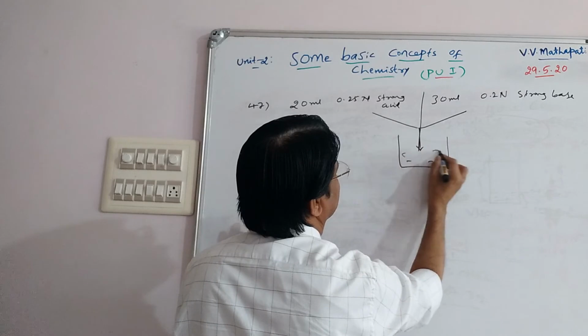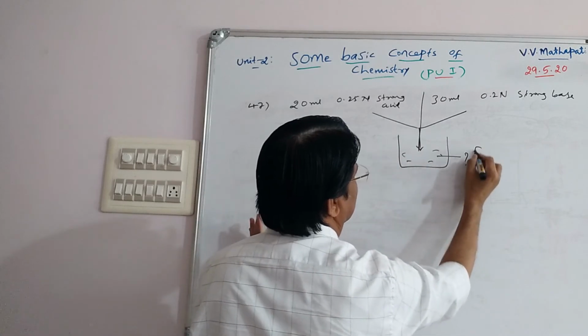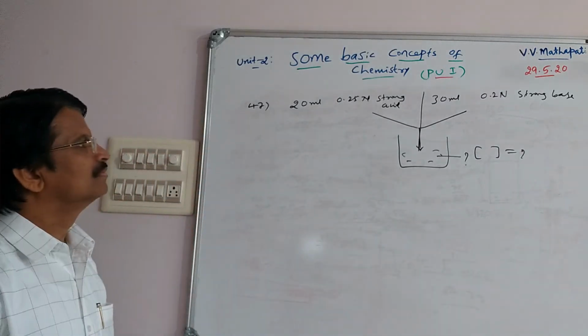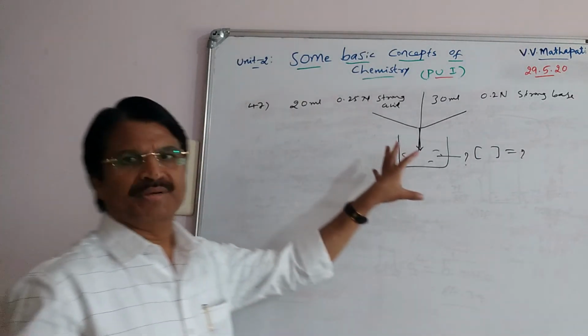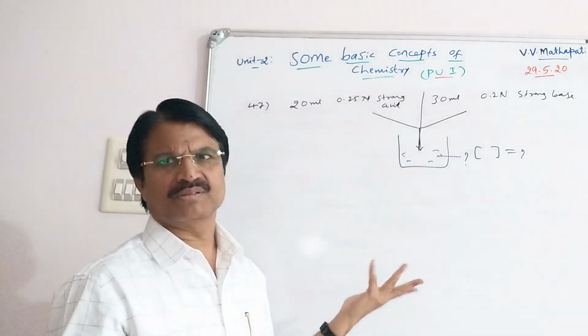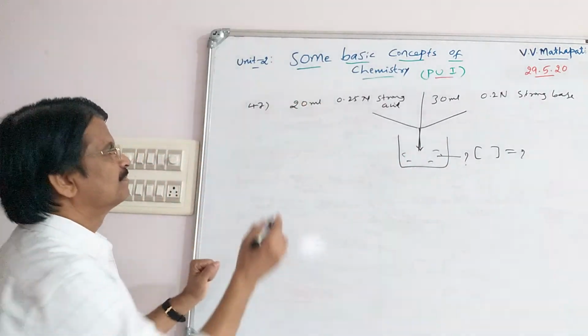These two are mixed in a beaker. What about the concentration? When these two solutions are mixed, you have to find out the concentration. Whether it is acidic or basic, that we don't know. That you have to find out first.